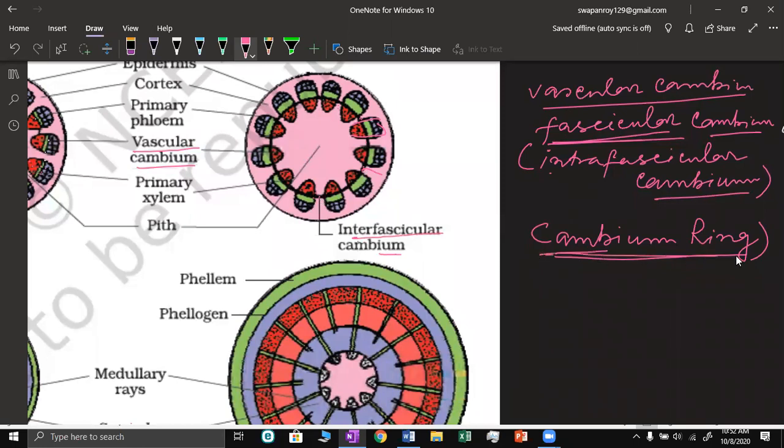So the cambium ring is formed by joining of intrafascicular cambium plus interfascicular cambium. Inter is in between and intra is within.